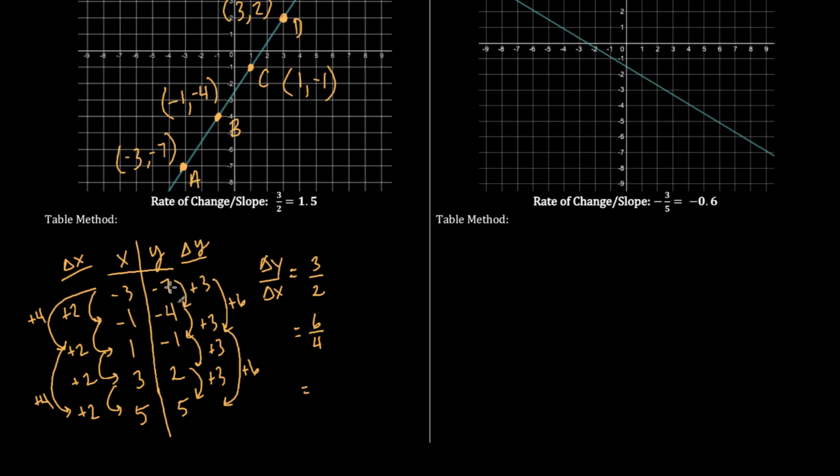So -7 all the way down to 2, -7 to 2. So that is +9. And -3 to 3 is +6.